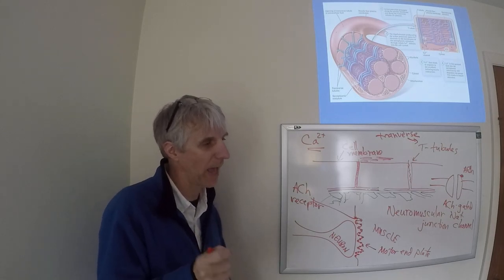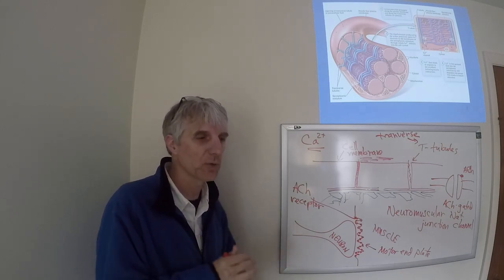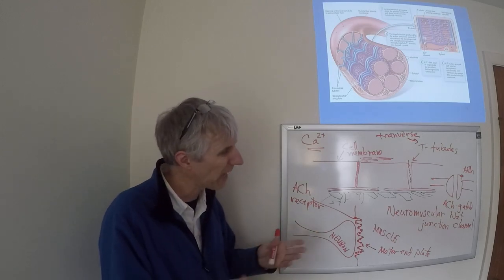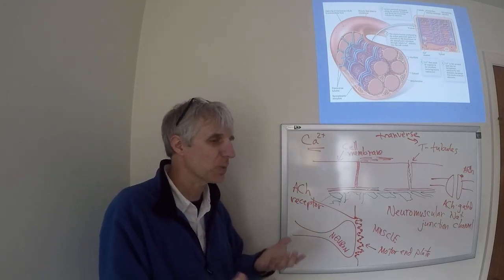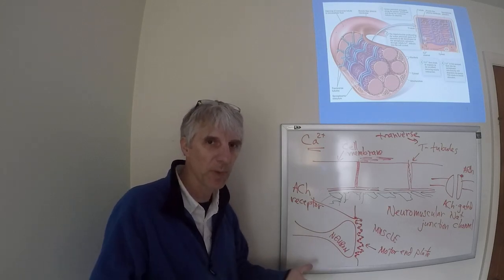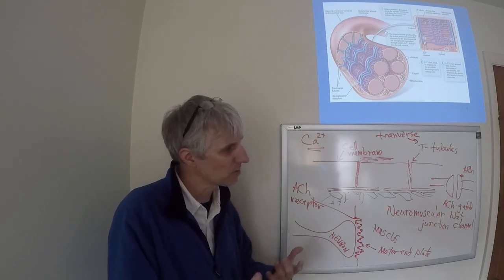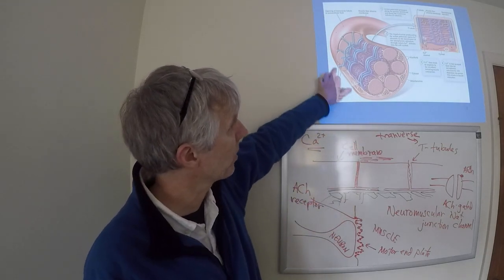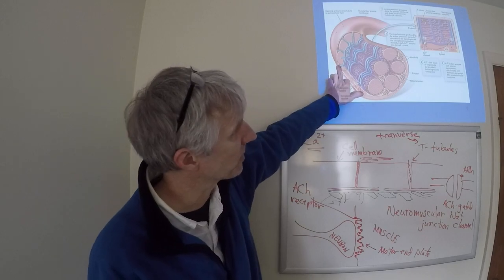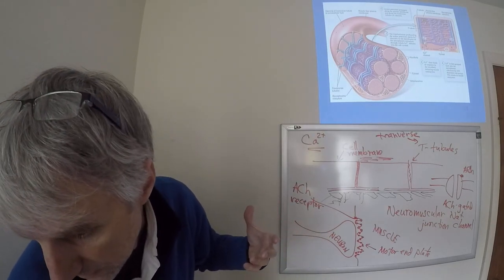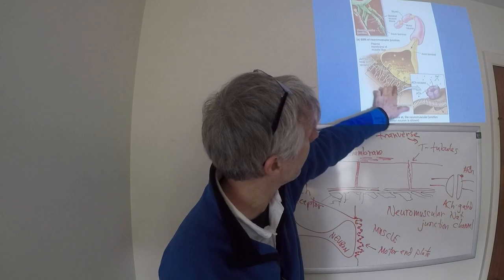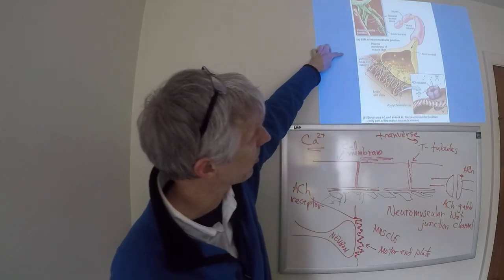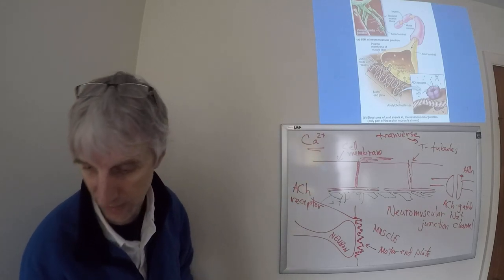Before we talked about action potentials, we restricted that conversation to neurons. Well, now I'm telling you, you can spread an action potential along any membrane that has these sodium channels in it. The muscle cell has these sodium channels along the surface, and that depolarization here leads to further depolarization along the membrane.